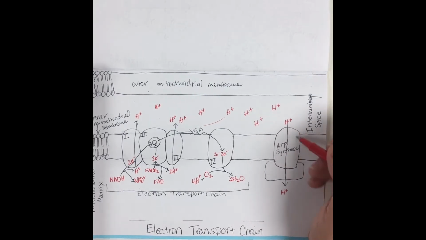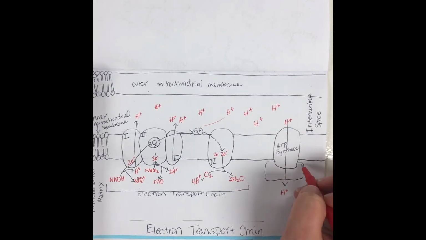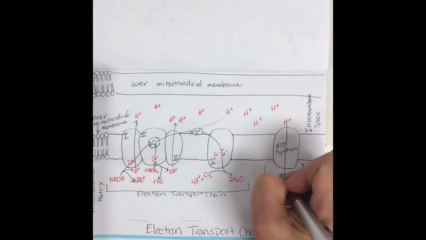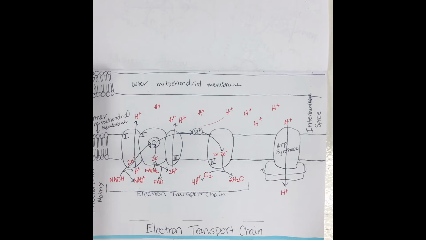But when this top part, this transmembrane part of the ATP synthase, sucks the hydrogens through, that causes this bulbous part at the bottom to spin or rotate.